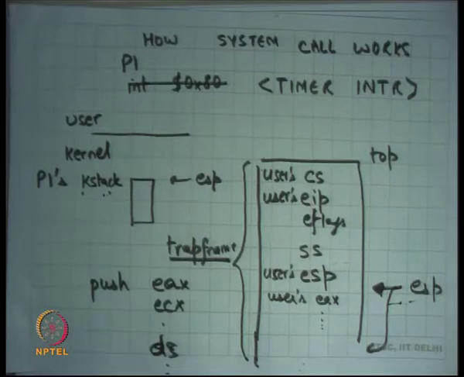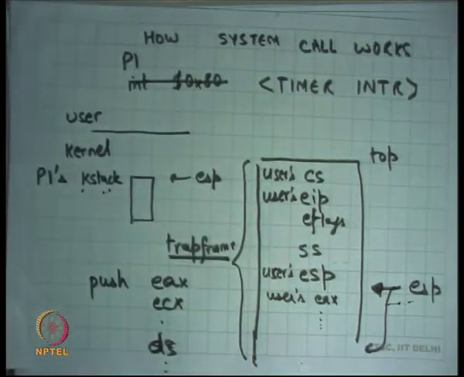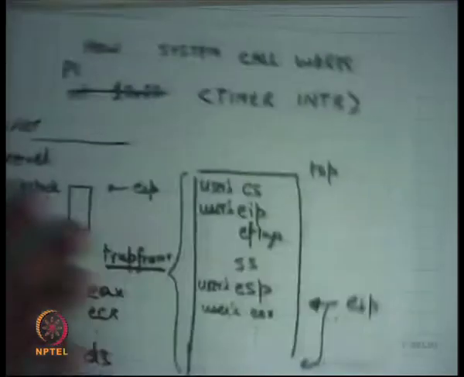Once again, the K stack will contain all the information about exactly where the process got preempted and the values of its registers in the trap frame. The kernel's call chain will also get saved, and then you context switch just like before.